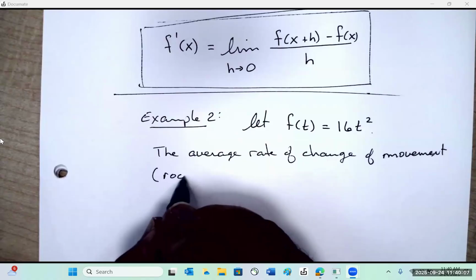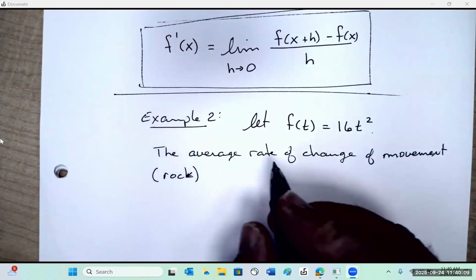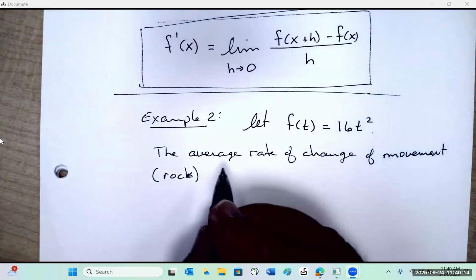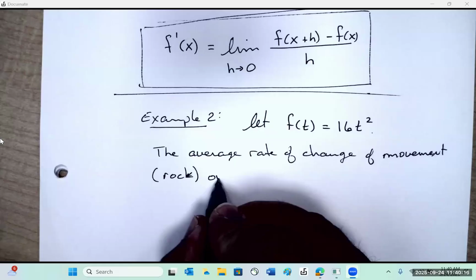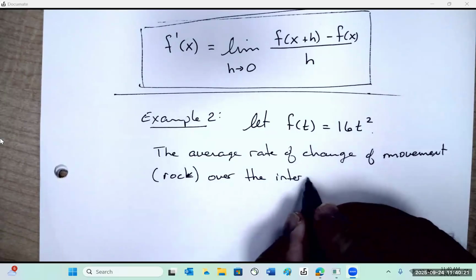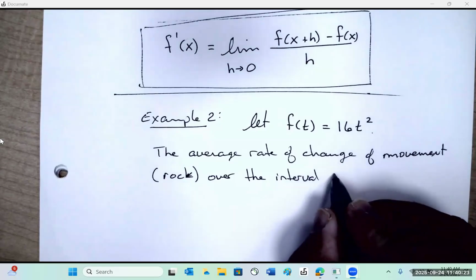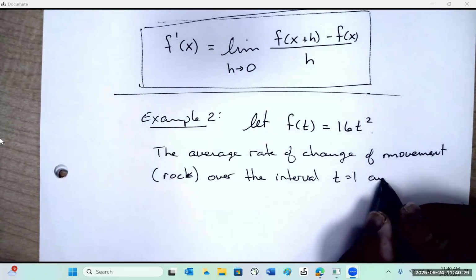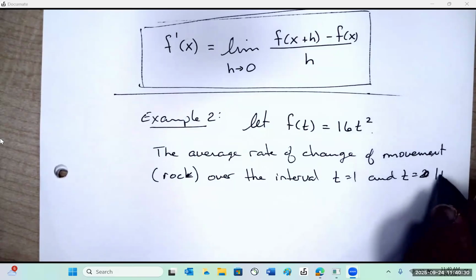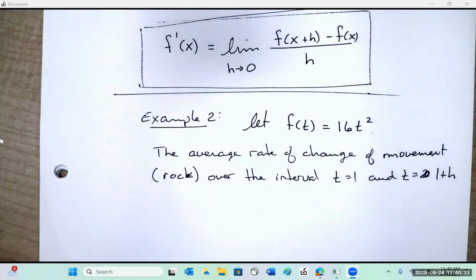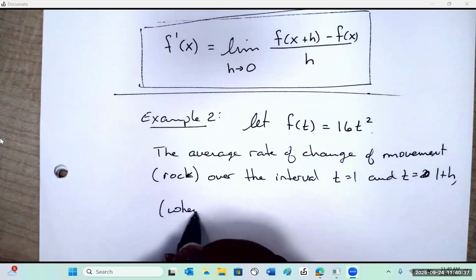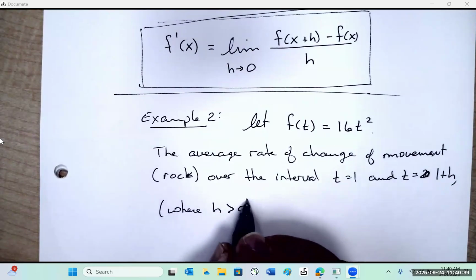This is that rock we had originally, over the interval t equals 1 and t equals 2, or 1 plus h, where h is always positive.